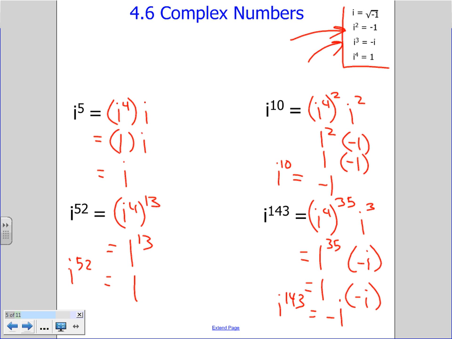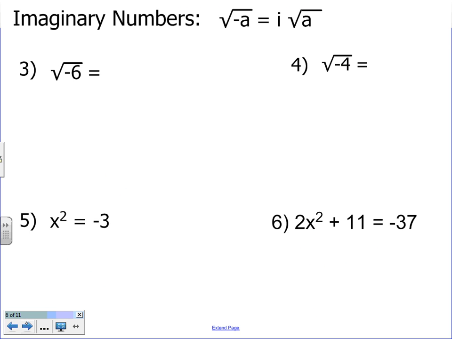So how can you simplify imaginary numbers? That's one way. Simplify to one of these 4 elements up in the upper right-hand corner. All right, now, how do we apply this to other numbers that involve more than just the I? Well, here we have the square root of negative 6. This could be broken down to the square root of negative 1 times the square root of 6.